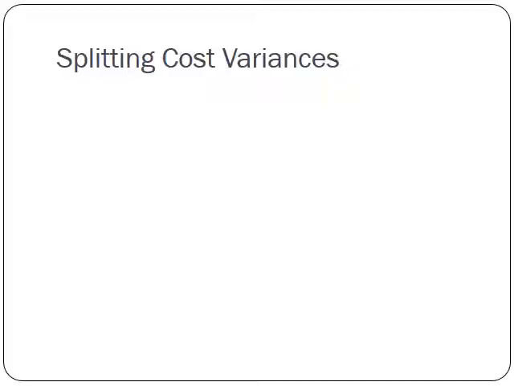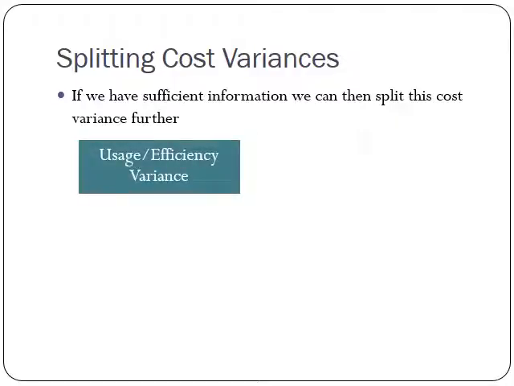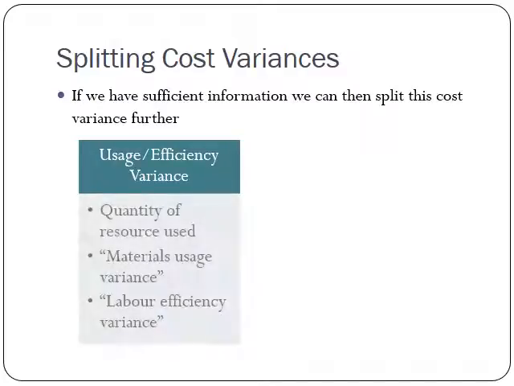What we can now think about is whether we can split that cost variance into two different components. And this is possible, but only if we've got sufficient information. We can split the cost variance into usage or efficiency variances, which looks at the effect of the quantity of resources that's been used. And for materials, this would be called the materials usage variance, and for labour, it would be the labour efficiency variance.